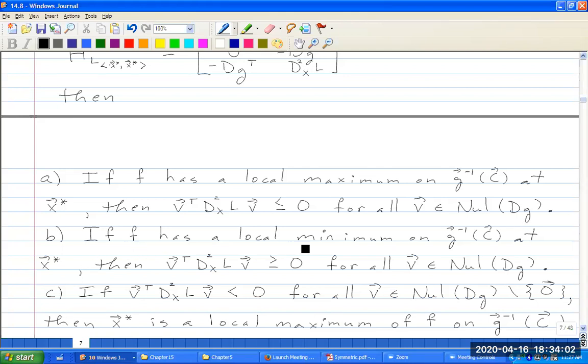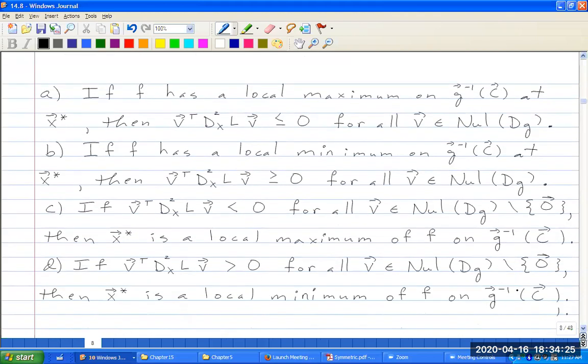If f has a local minimum on g inverse of c at x star, then v transpose D squared L v is greater than or equal to 0 for all v in the null space of DG. We'll get some better conditions on the next step. Once we restate this, these are just statements about some quadratic forms.